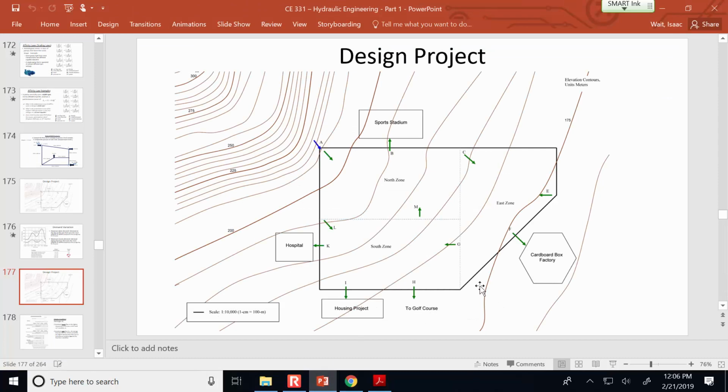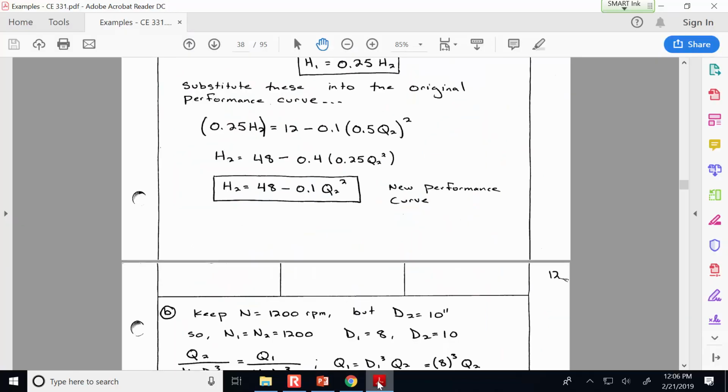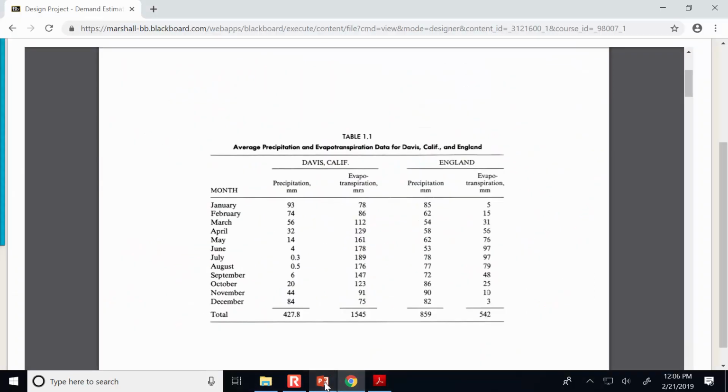I'm providing that because one of the things in your town is a golf course. Golf courses require water to irrigate during the dry season. So for Davis, California, you could find out the difference between the monthly average precipitation and the monthly average evapotranspiration, like how much water is being lost by plants.